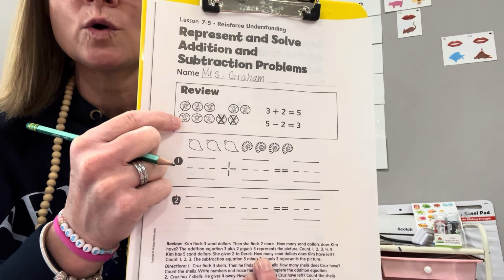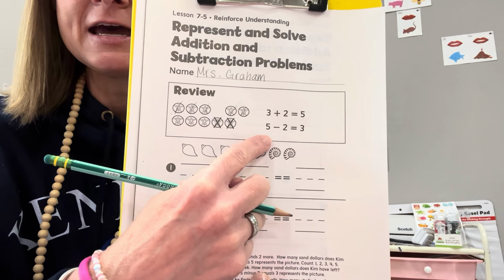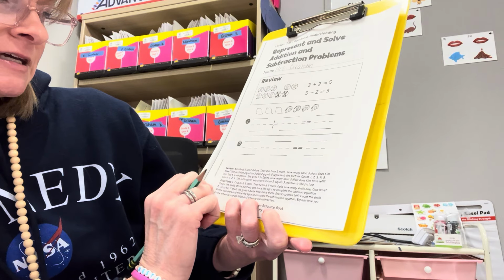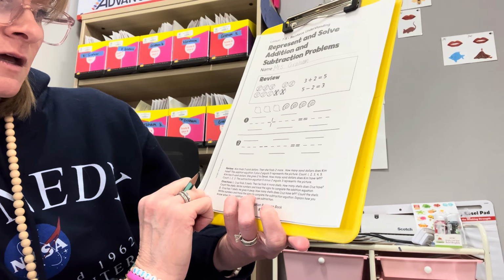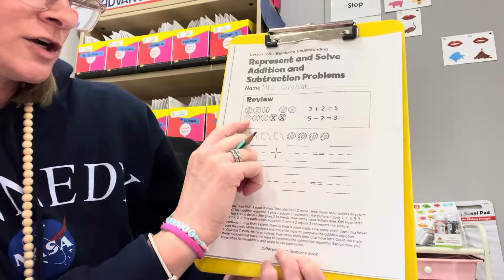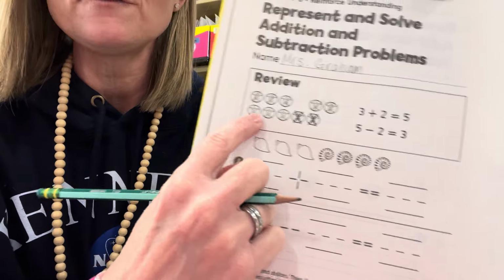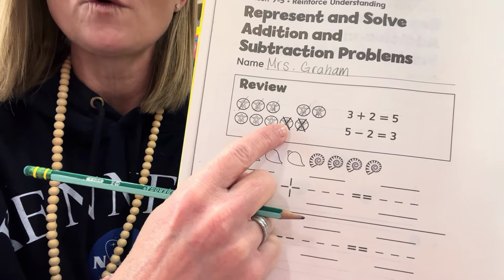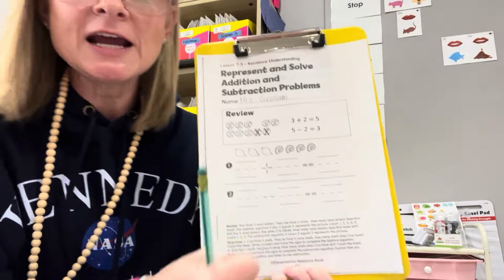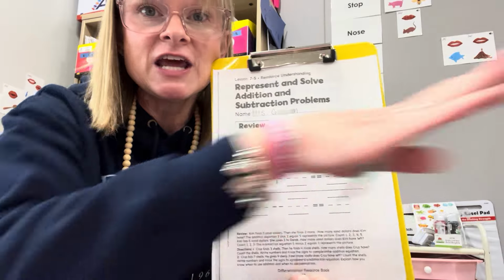So let's listen to the story that matches this picture and this equation. Kim has 5 sand dollars. So see, that's how many she has all together at first. 1, 2, 3, 4, 5. She gives 2 to Derek. So she gives away. She's taking away from the group.